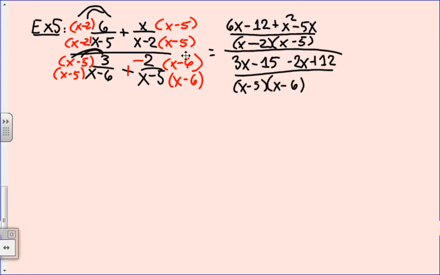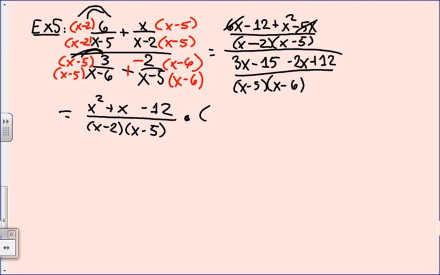I'm going to combine my terms. So I get positive x squared, 6x and negative 5x is 1x, minus 12. I think that's a factor. No factor, yeah. Okay. 3x minus 2x is x plus 3. Okay, what cancels?